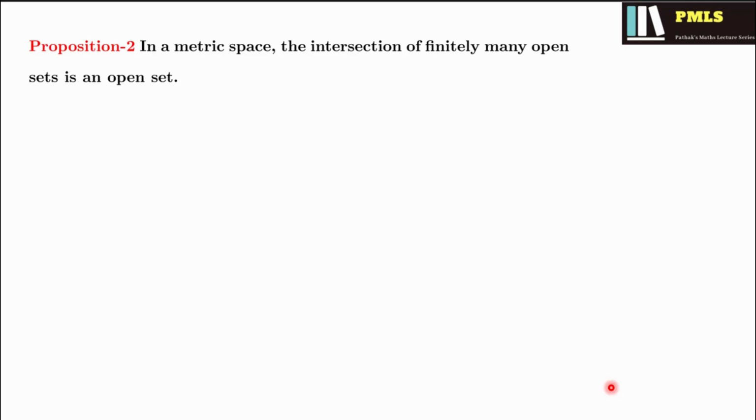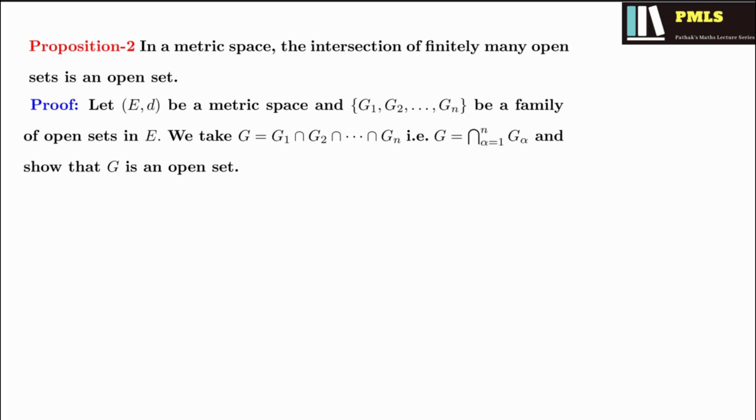So in a metric space, we are going to prove that the intersection of finitely many open sets is an open set. Let us proceed for the proof. Now in the proof, we have taken E, d as a metric space, and we have taken G1, G2, up to Gn as a family of open sets in E. So certainly they are finite in number.